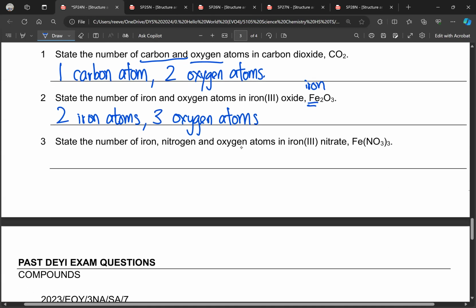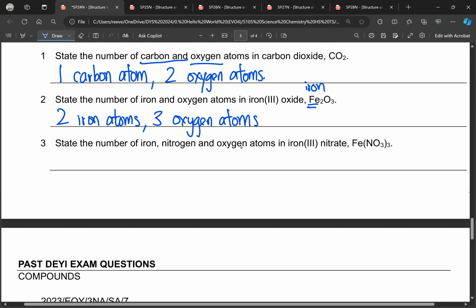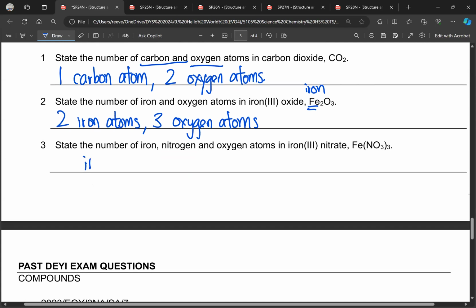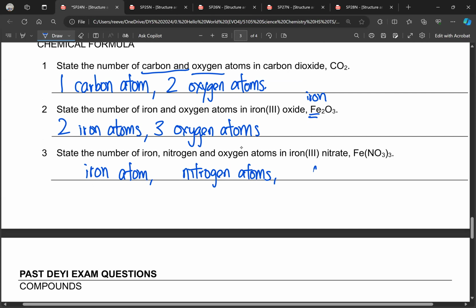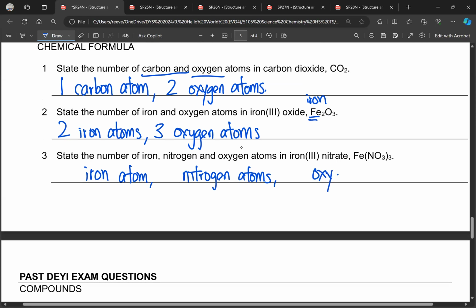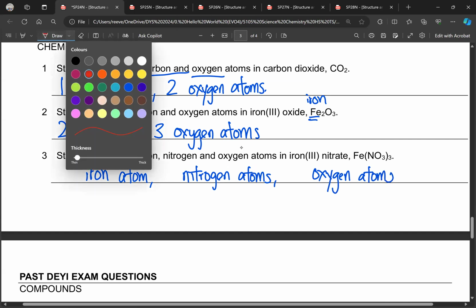State the number of iron, nitrogen, and oxygen atoms. Wow, this one how to do. Okay, first of all, I got 3 different elements. I got iron, I got nitrogen, I got oxygen. So there are 3 things over here. This one is a bit harder because there's a bracket.